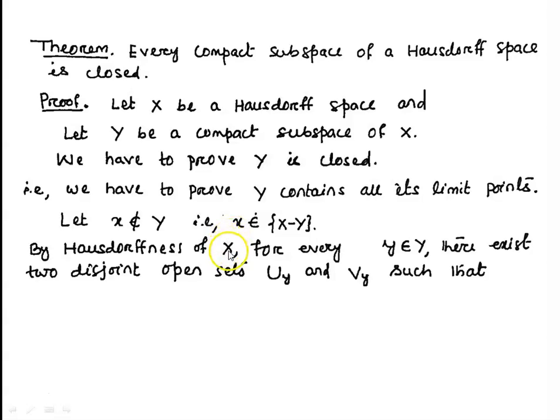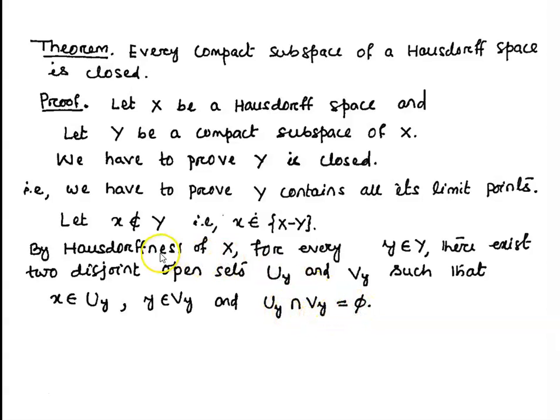So by Hausdorffness of X, for every y in Y, there exist two disjoint open sets Uy and Vy such that X belongs to Uy, y belongs to Vy, and Uy intersection Vy is empty.